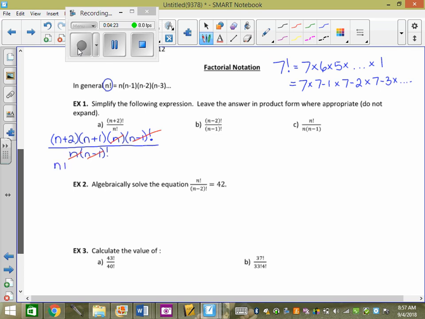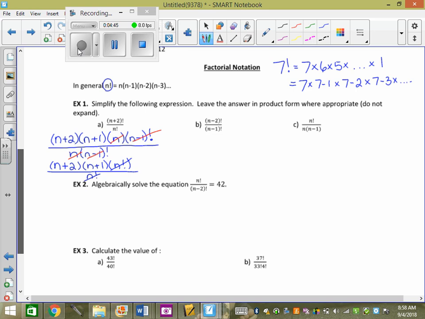So I could have just gone n plus 2, n plus 1, n factorial, and stop there because I have an n factorial in the denominator and they would just cancel. So you could keep expanding and then cancel off, or you can notice, hey, I'm going to stop here because it matches the denominator and they cancel now.